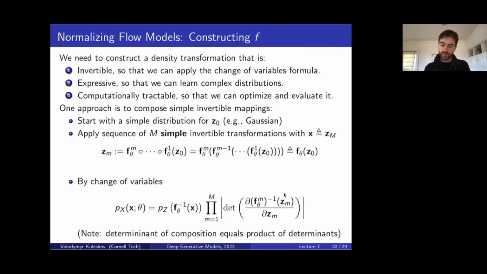It's a good strategy because there's a simple way of computing the log likelihood and applying the change of variables formula when our f is this composition. When f is a composition, we know that the determinant of a composition of functions equals the product of the determinants of each term.